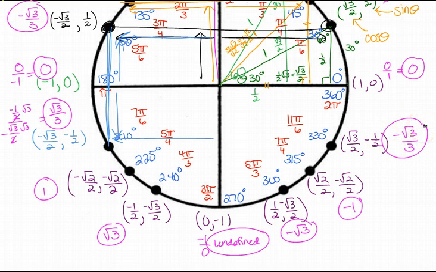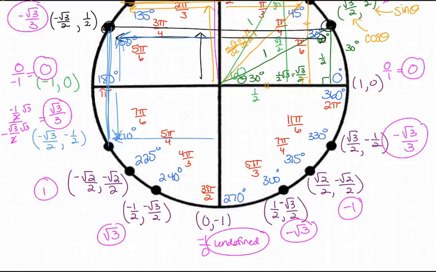The unit circle is going to have a ton of patterns that go throughout. So make sure that you have this unit circle down, and you don't want to try to memorize it. The goal is to understand it. And if you understand it, it's going to come really, really easy to you. So we're going to try one example.